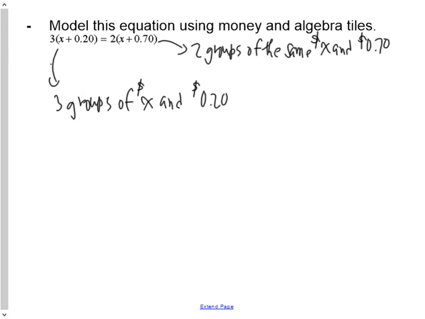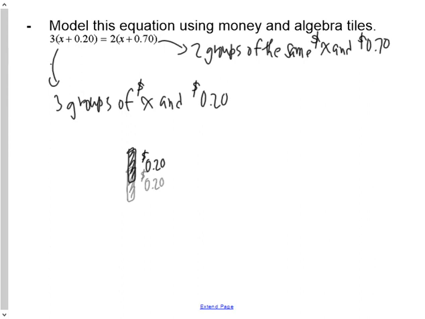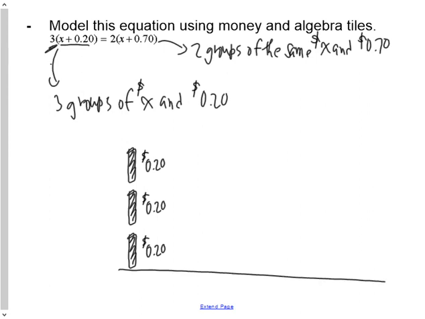So if I'm drawing it, I'm going to draw an x and 20 cents. And I'm going to be lazy here and infinite clone it. Double it, triple it. So this 3 right here means I have 3 groups of this amount. And on the other side, I have that same x dollars and 70 cents, but I have 2 of them.